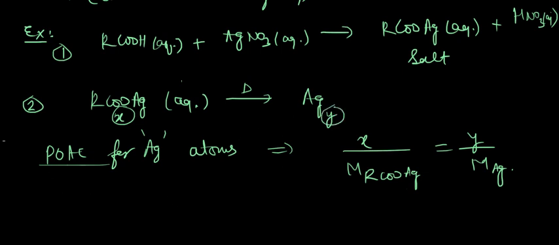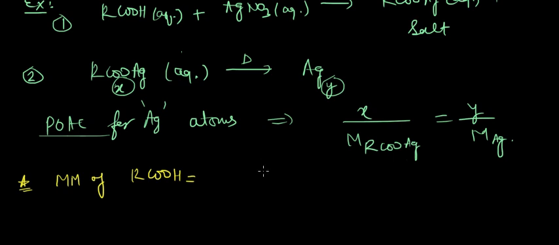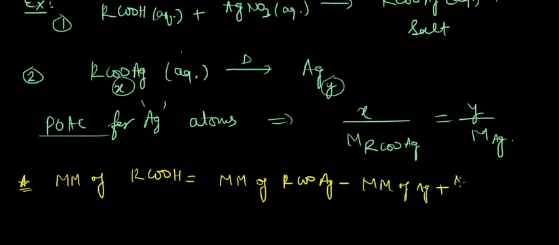So for calculating the molar mass of RCOOH, you have the molar mass of RCOOAg minus the molar mass of Ag plus the molar mass of H. Why do we need to calculate this to get the molar mass of RCOOH?